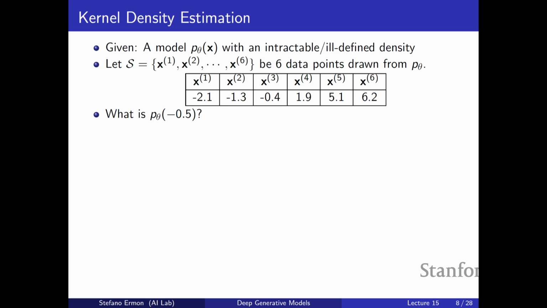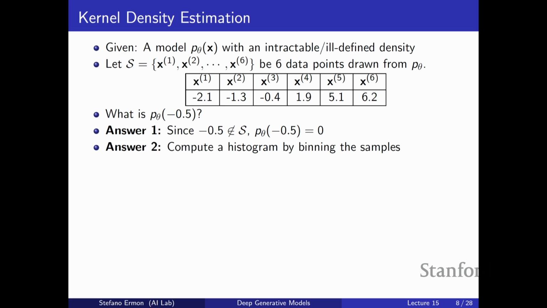One answer could be, well, the model never generated minus 0.5, since it's not among the 6 samples we have access to, so maybe we should set the probability to 0. That's probably not a great answer because we only have 6 samples; it could be just due to chance that we didn't see that particular data point. A better way is to do some kind of binning, building a histogram over the possible values that these samples can take.